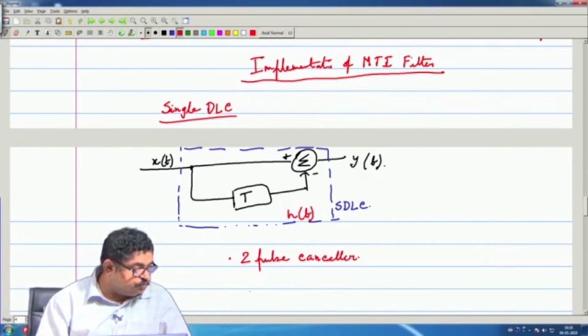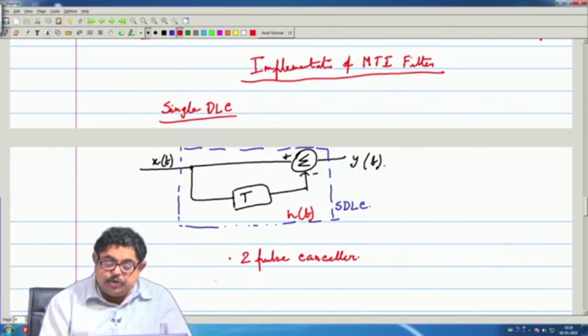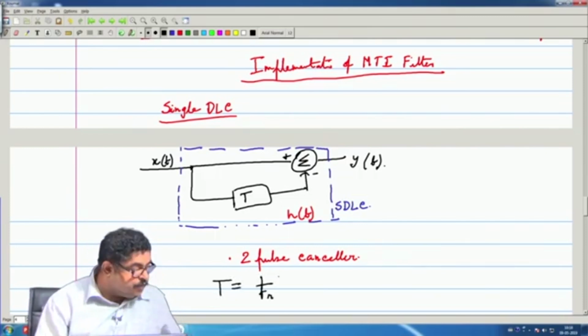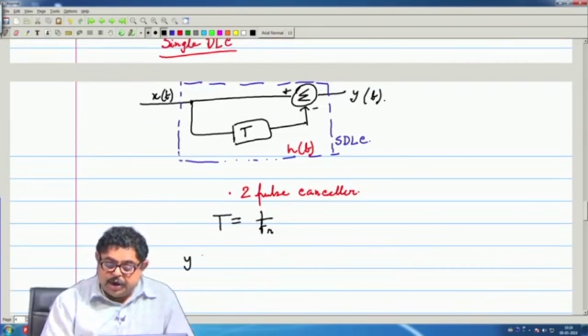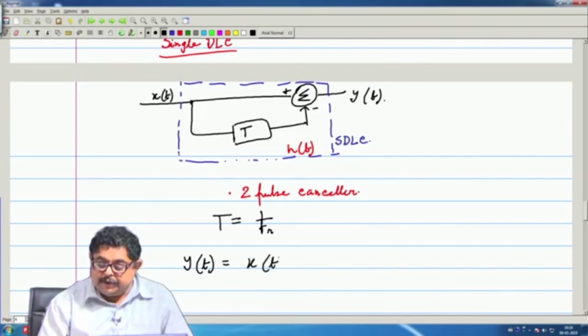So, this T we know is nothing but 1 by f_R, and I can write the expression of y(t). What is y(t)? x(t) minus x(t minus T).